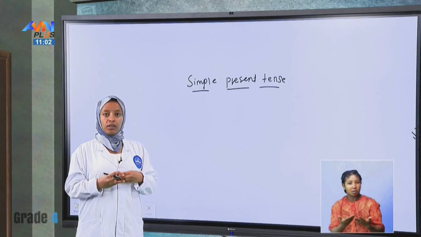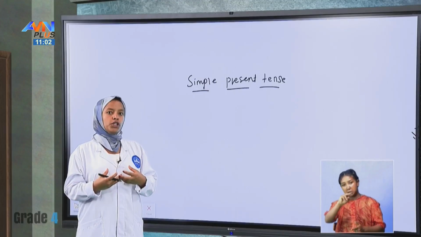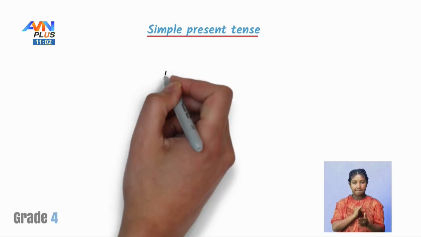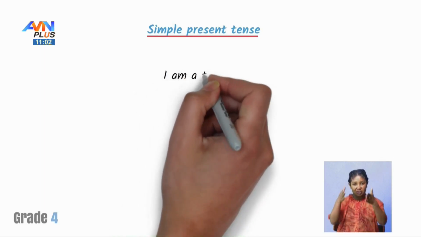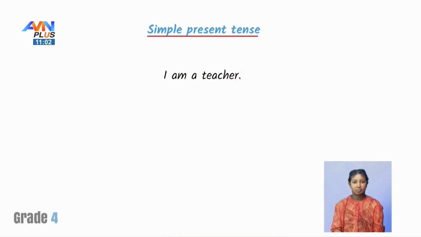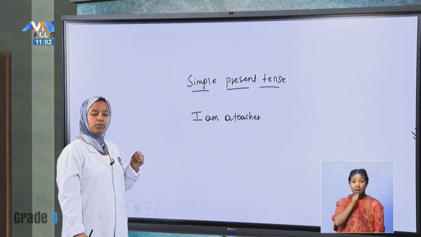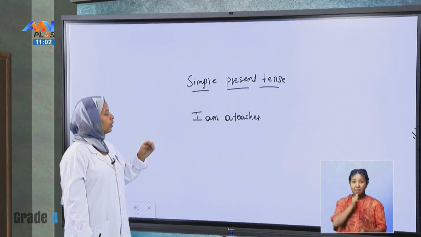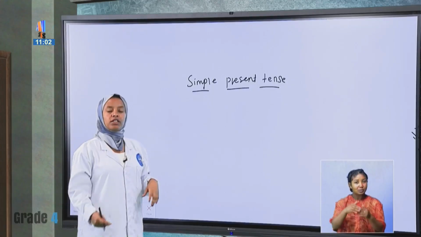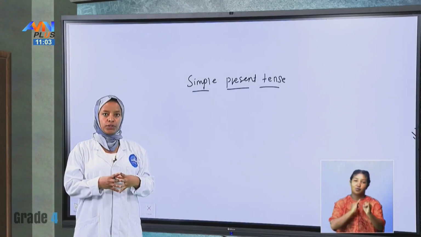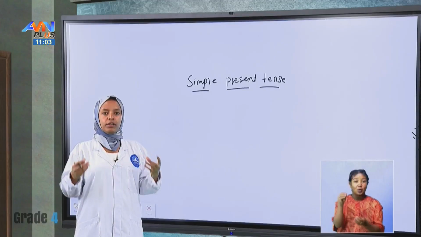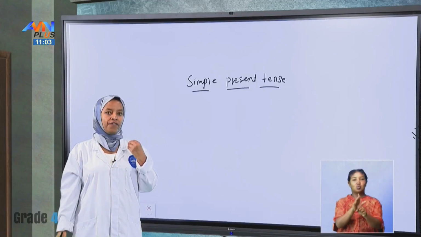That's information. Also, I am a teacher. This is what I am. So we can use simple present tense to give information, habitual action, universal truths and facts.